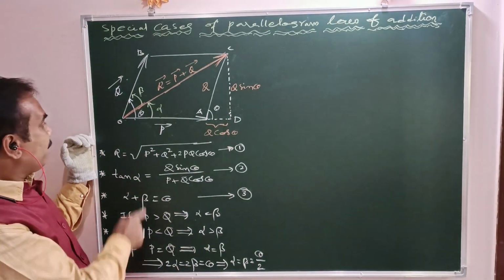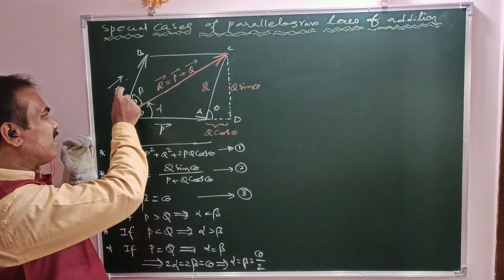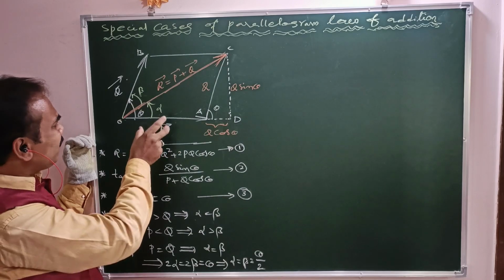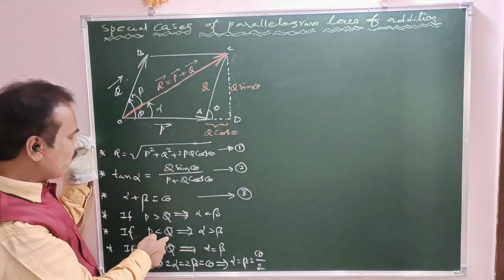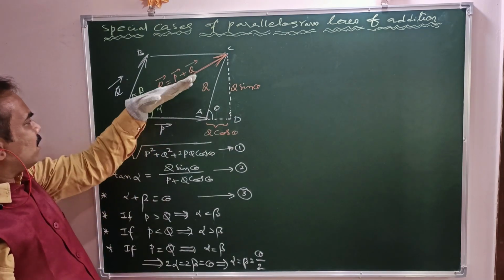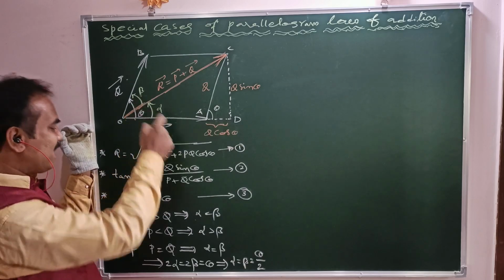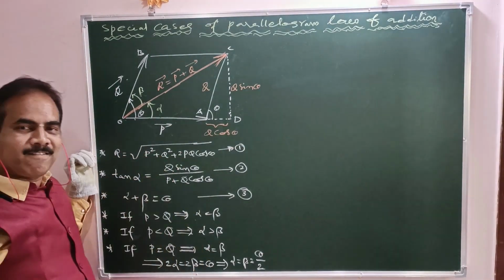If the magnitude of p bar is less than that of q bar, that is q is greater than p, the resultant lies close to q bar, which implies beta is less than alpha.